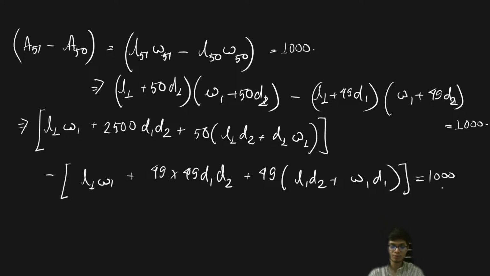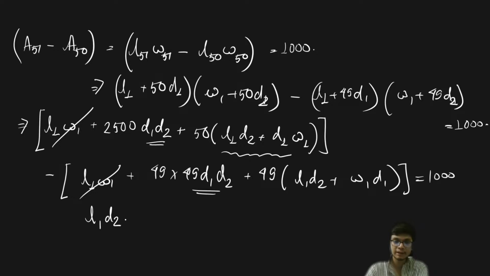On solving this further, L1 W1 gets cancelled out, and the D1 D2 information is known to us. So what I get is the value of this unknown, L1 D2 plus D1 W1, which comes out equal to 10.